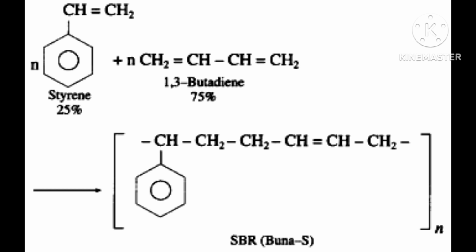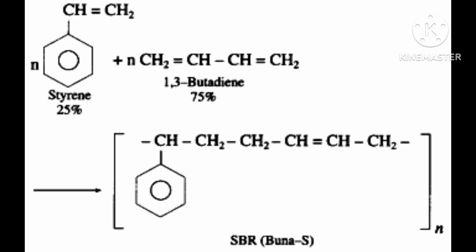Then if you take n number of 1,3-butadiene, the other monomer will be styrene. What is the styrene structure? It is easy to remember. It is a benzene ring, and when ethylene joins with benzene, obviously one H will go from the CH2.